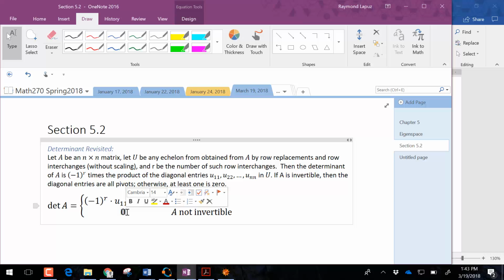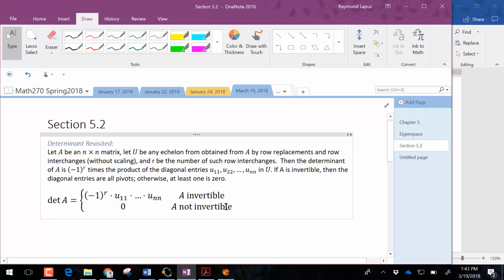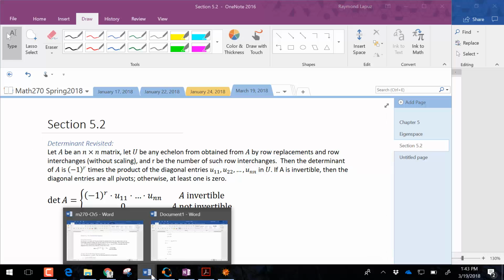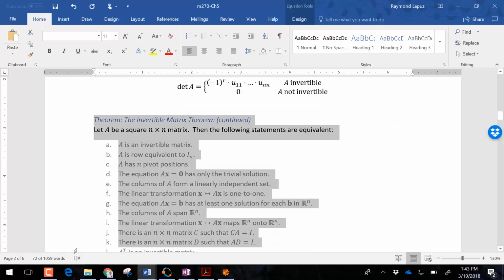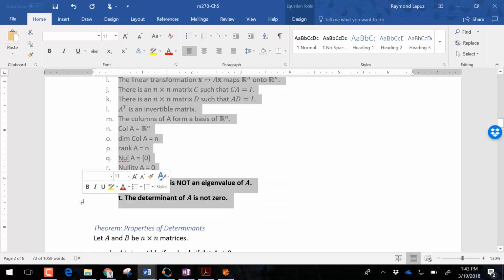Not in general. In general, if the determinant equals 0, then we just say, oh, it's not invertible. R is the number of times you swap the rows, if you do any row swaps at all. I've tried to avoid row swapping. Yeah, you're not allowed to scale here.